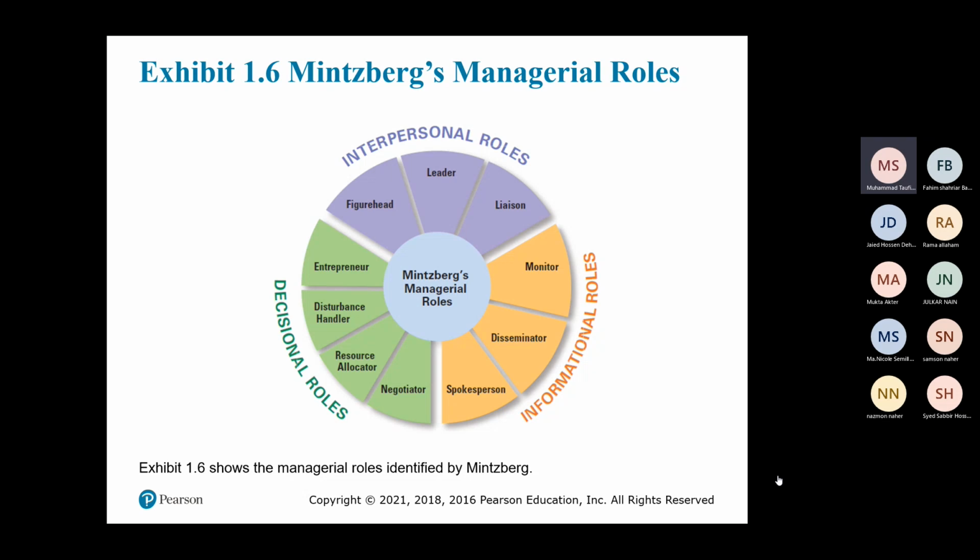When people interact with other people, some argument or some fighting will happen. So you as a manager must be able to solve this problem. You must be the middle person, to stop the fighting, to stop the argument, and try to find the middle ground. So you are the disturbance handler.